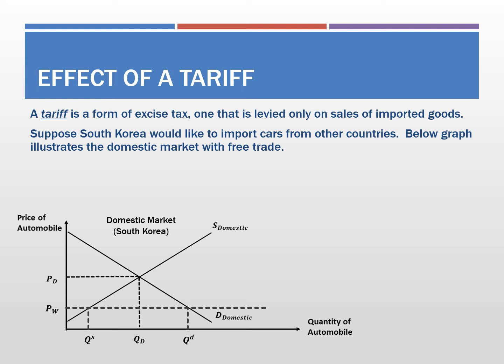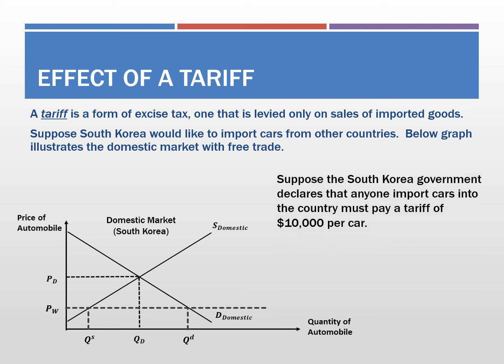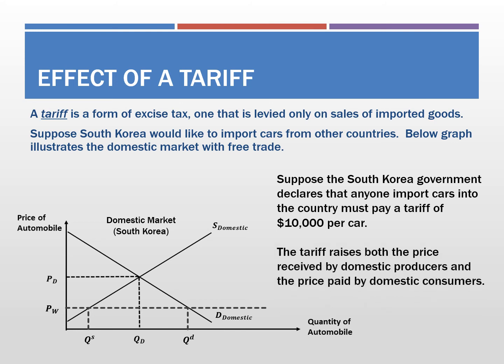In order to avoid that, suppose the South Korean government decides to help the domestic firms from this open economy competition, and they put a tariff on each car that they import. Let's say $10,000 per car imported from other countries. This tariff will raise the price in this domestic market.